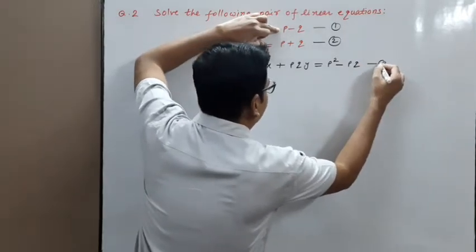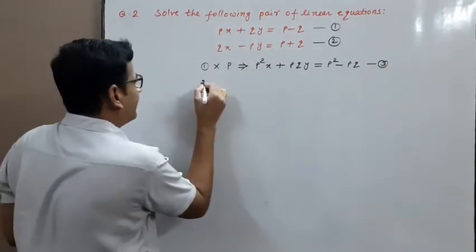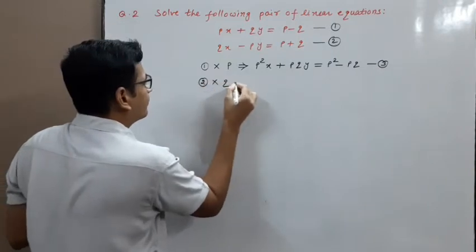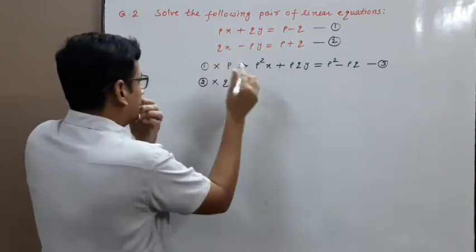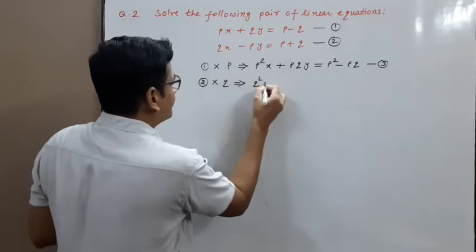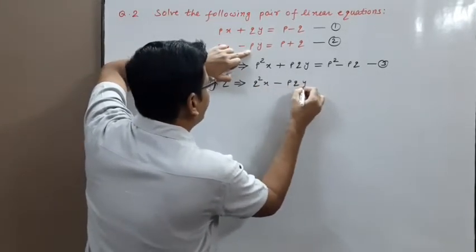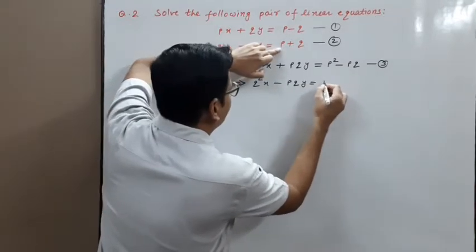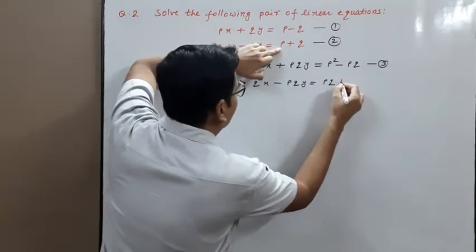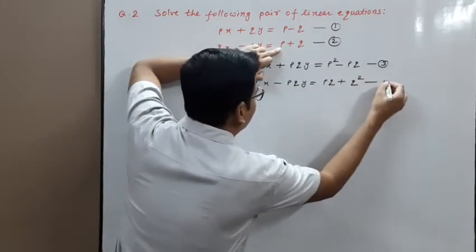Call it equation number 3. Now multiply equation 2 with q. q into q is q square x minus pqy is equal to pq plus q square. Call it equation number 4.